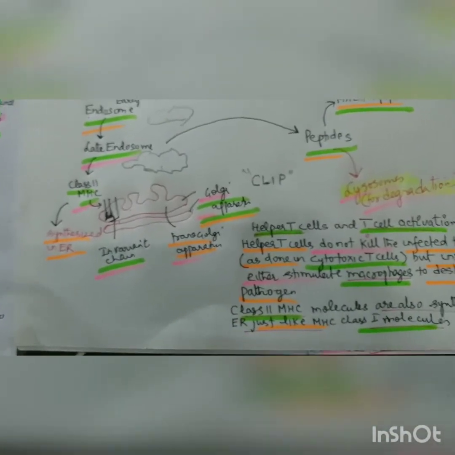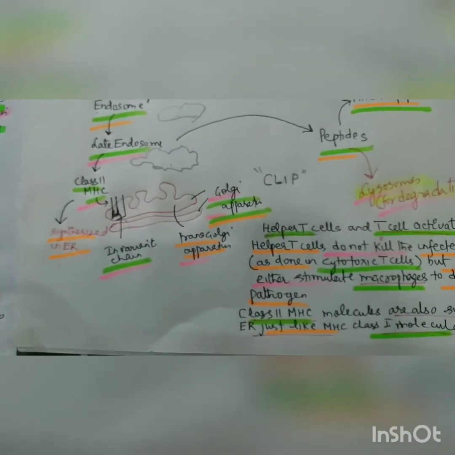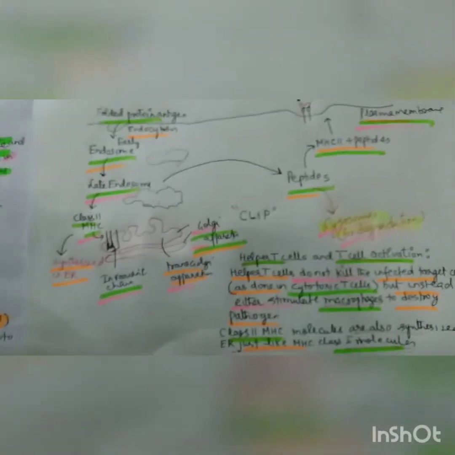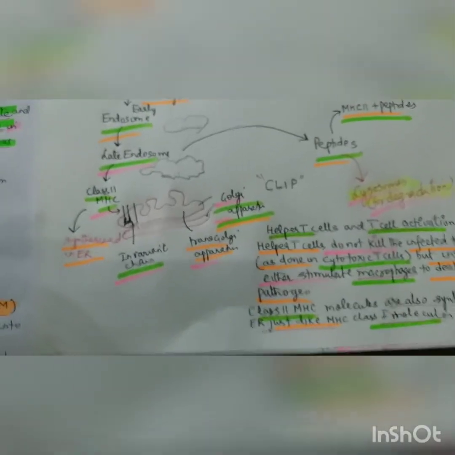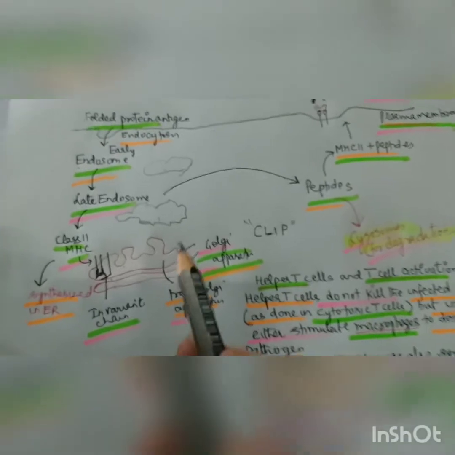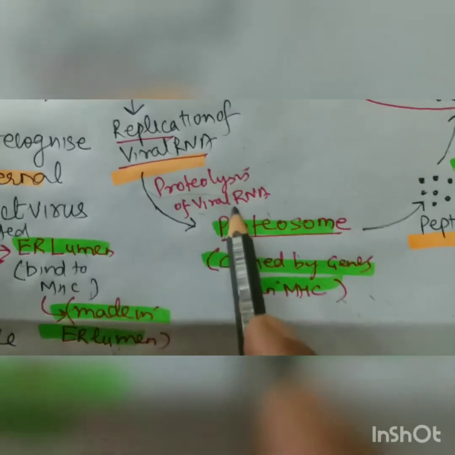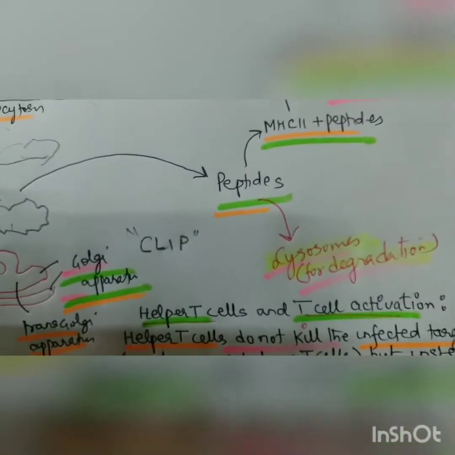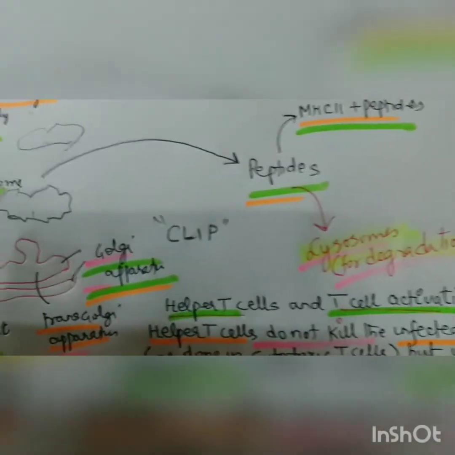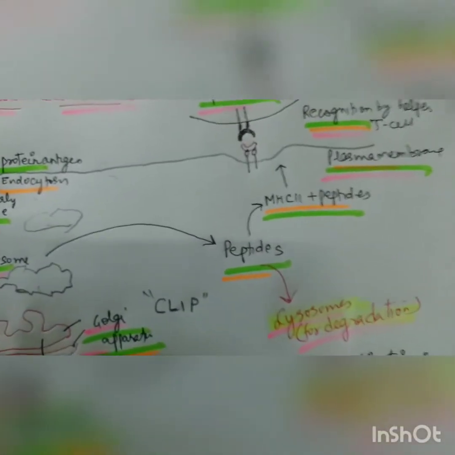And in the endosome, CLIP is released by proteolysis. That same proteolysis we did here; proteolysis results in the release of CLIP. We did it yesterday also. Here, see, this is proteolysis. So with proteolysis the CLIP is released, and now the groove is accessible to the peptide fragments.